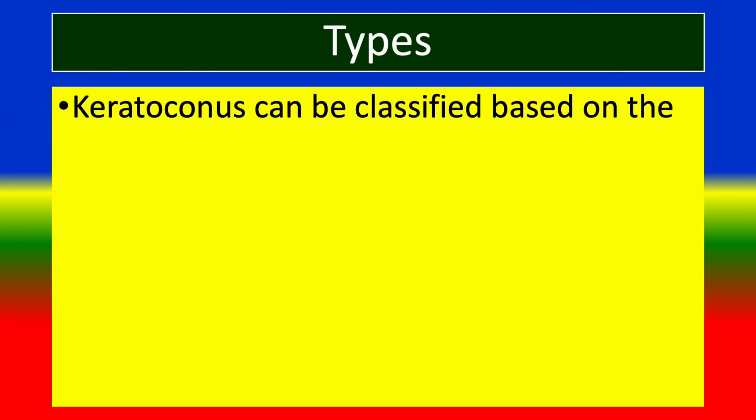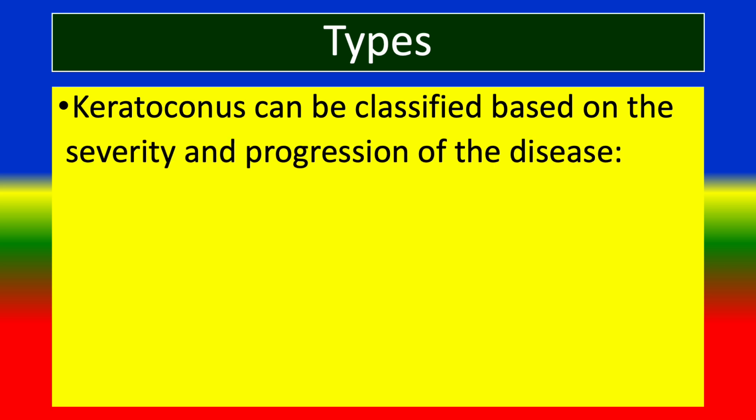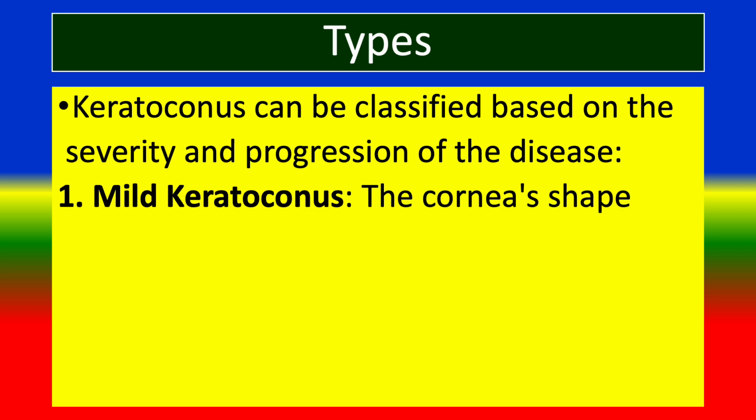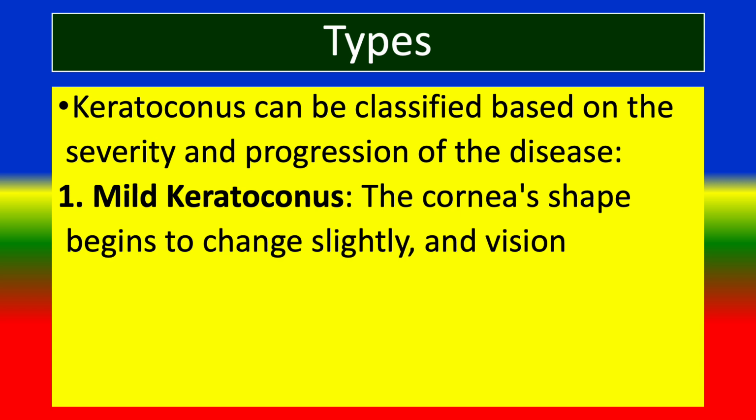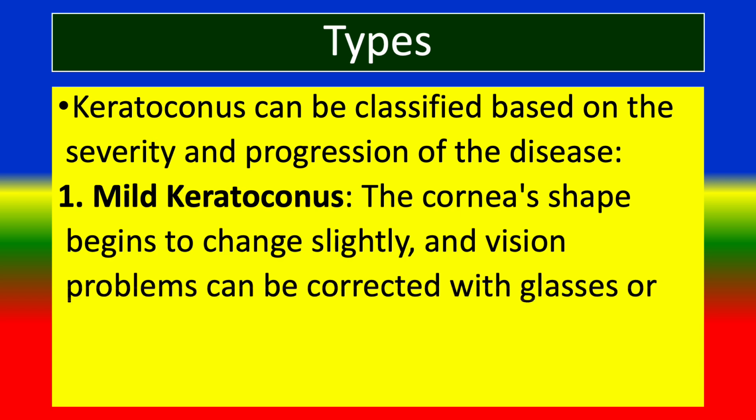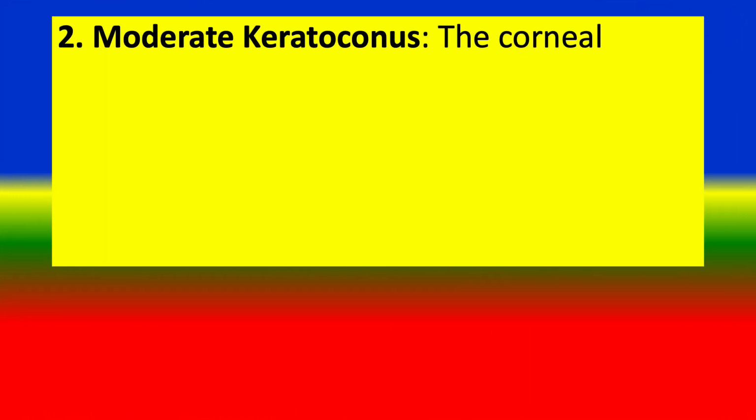Types. Keratoconus can be classified based on the severity and progression of the disease. 1. Mild keratoconus. The cornea shape begins to change slightly and vision problems can be corrected with glasses or soft contact lenses. 2. Moderate keratoconus.